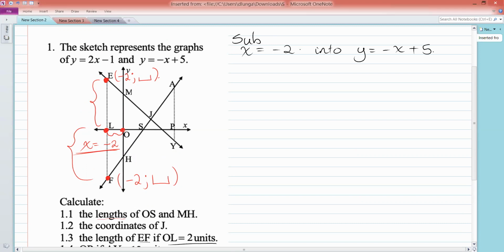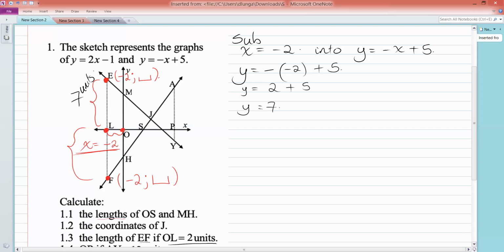I'm using the -x plus 5 because that's the downward sloping one. So y equals negative, in brackets, you have to put the -2 there. Then plus 5. Negative and negative, that is positive. So 2 plus 5. So the corresponding y value is 7. Perfect. There we go. That's the first one. So we know the distance from E to L is 7 units.